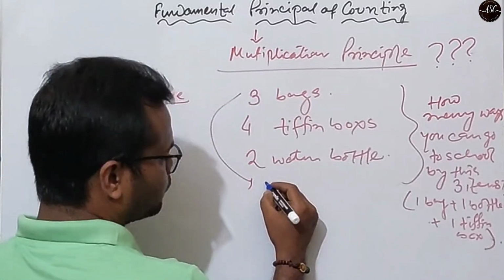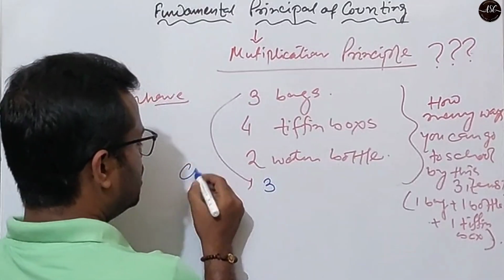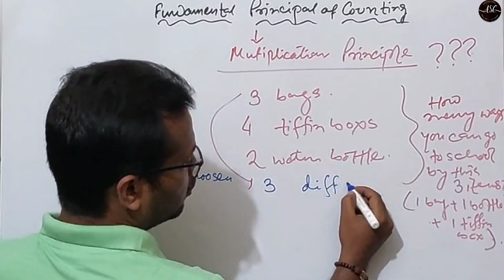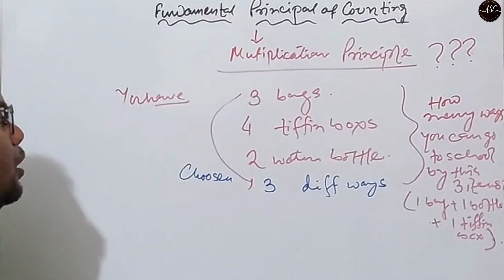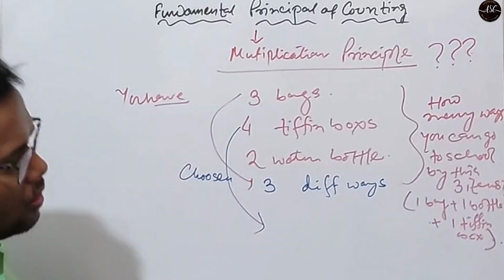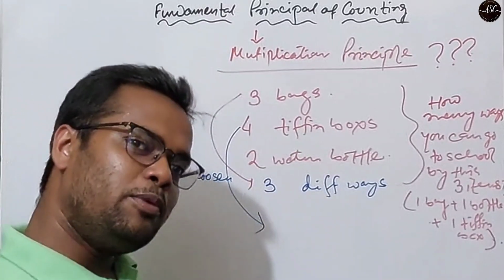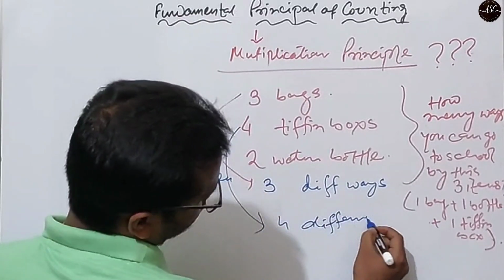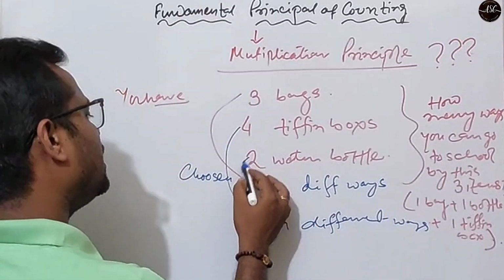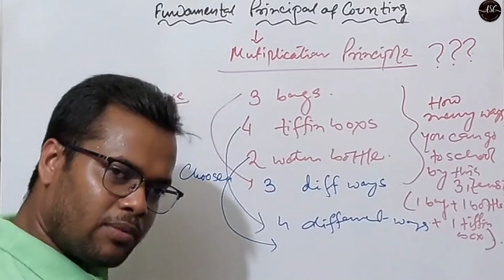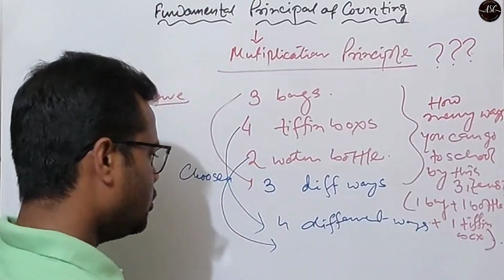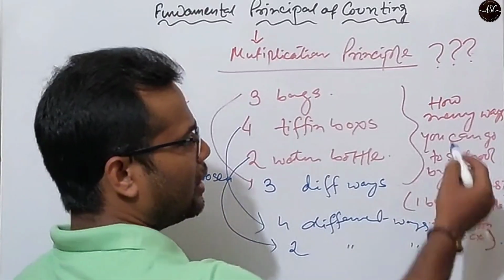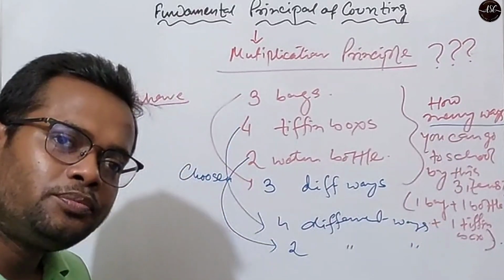Okay, now 4 tiffin boxes. The number of tiffin boxes is 4. So the tiffin box can be chosen in 4 different ways. And the number of water bottles is 2. So the water bottle can be chosen in 2 different ways. So how can we get how many ways?